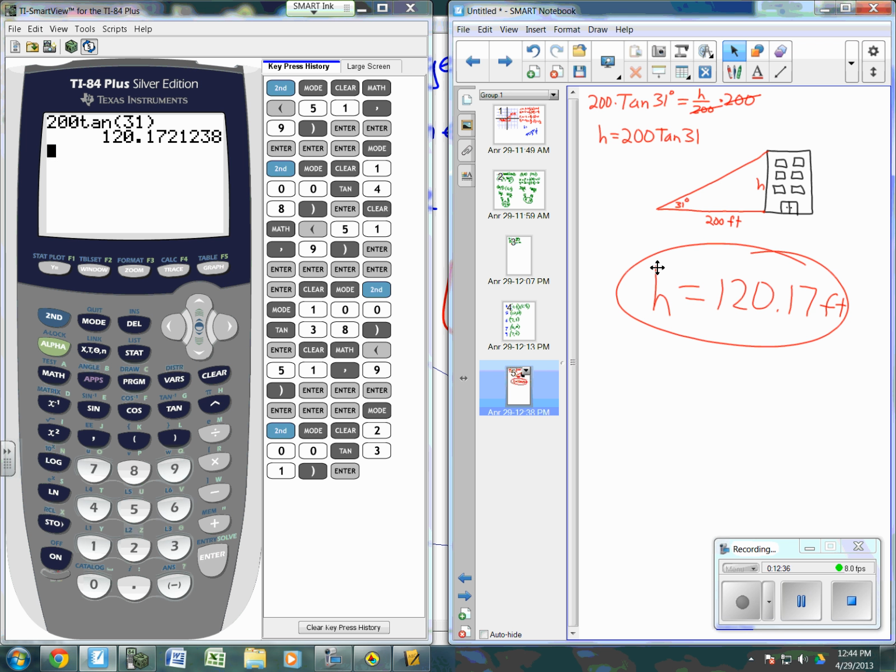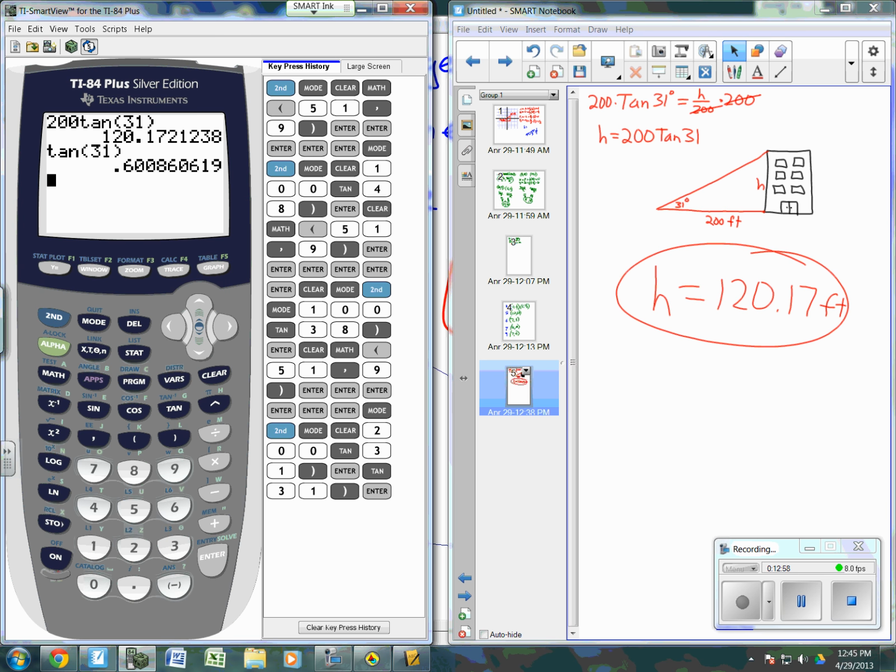Could I do a tangent by freehand? What do you mean? No. Well, you guys, someone a long time ago, I mean, the tangent of 31 degrees is always going to be the same thing. In fact, if you want to see what it is, everybody hit tangent of 31 and hit enter.